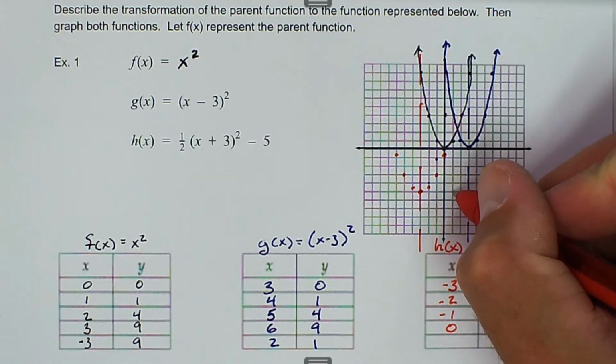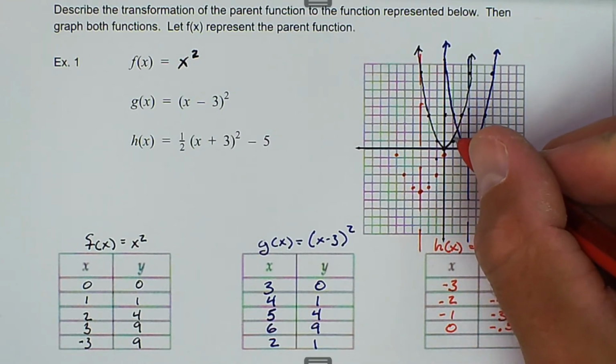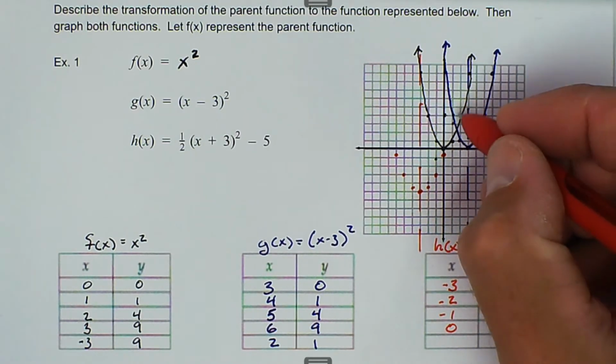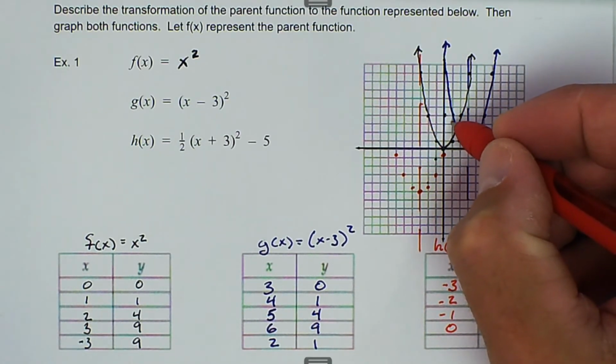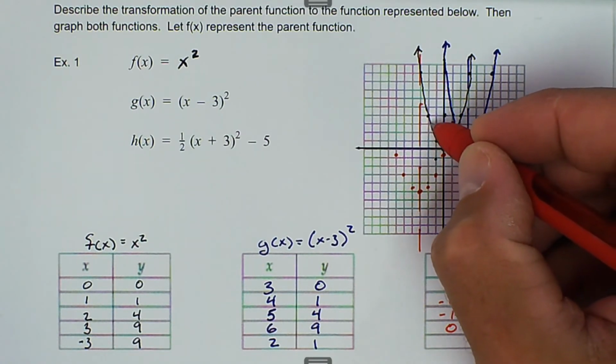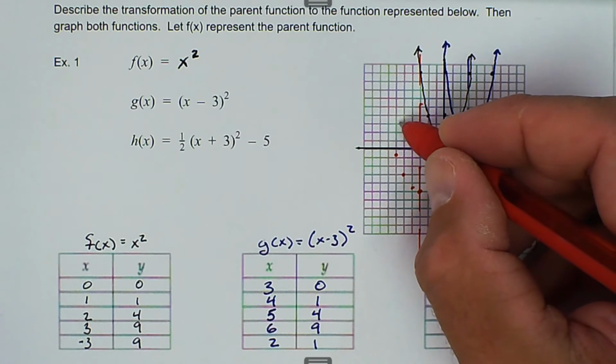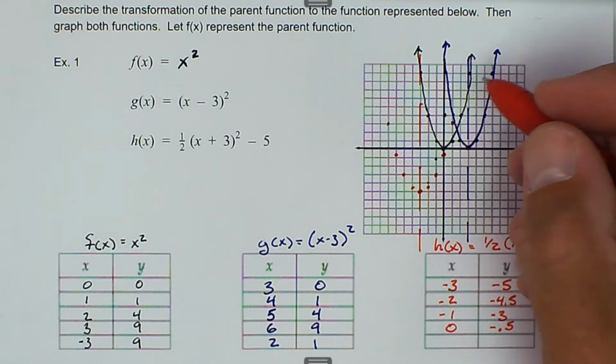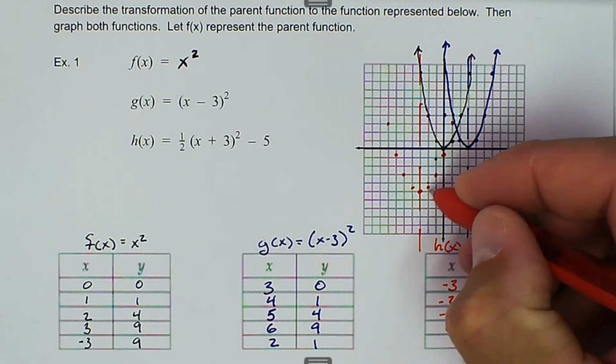So over 4, 5, 6, 7, 8, right there. And 1, 2, 3, 4, 1, 2, 3, 4. So we have a parabola that looks like that.